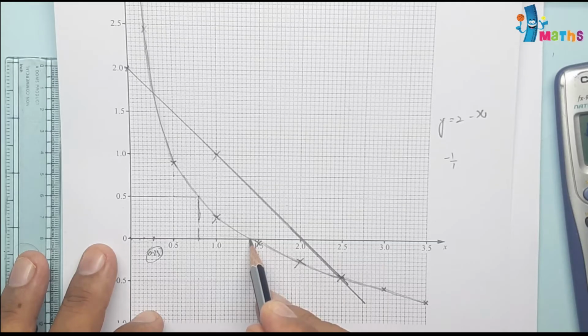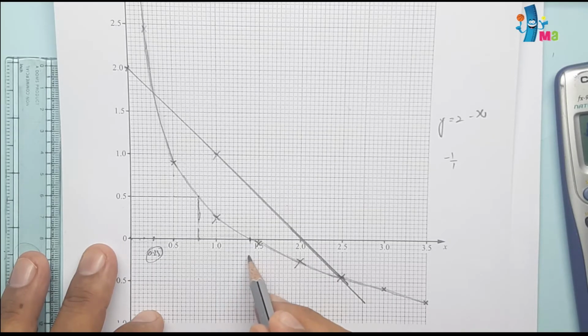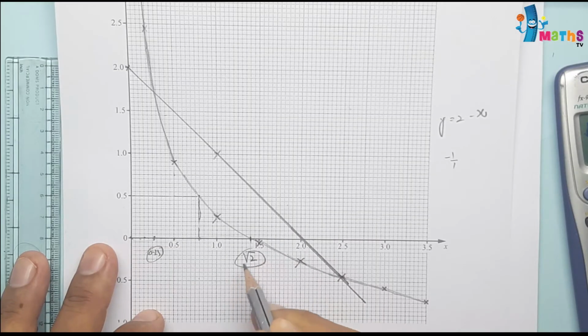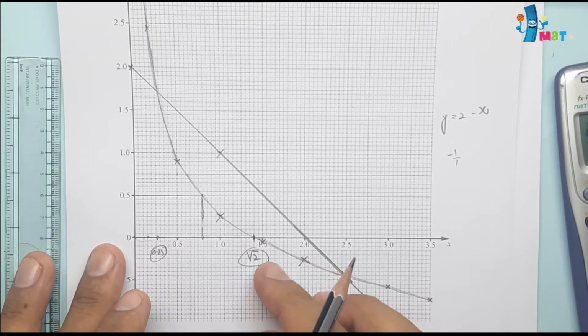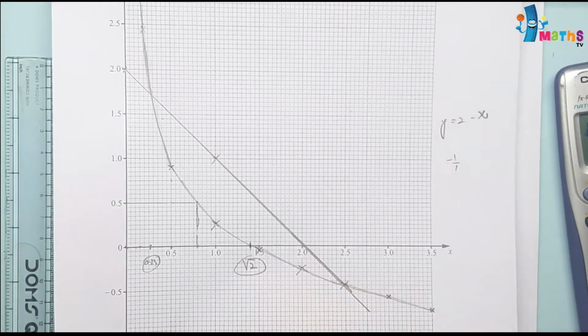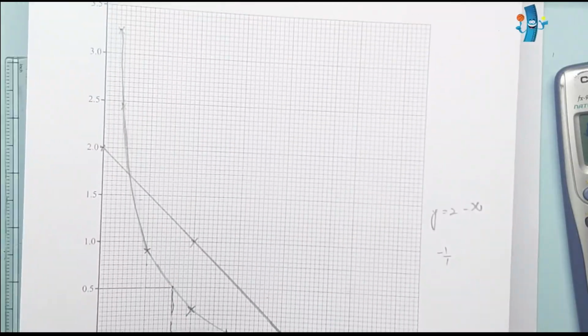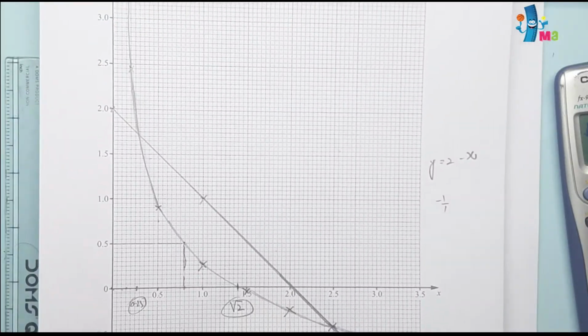See, exactly at 1.4 the y value on the curve is 0. So this shows that the y value is 0. We can put a mark over here, right? So this is the root 2 value of x, and y is equal to 0 at this location. This is the point where the graph is showing that the y value is equal to 0.